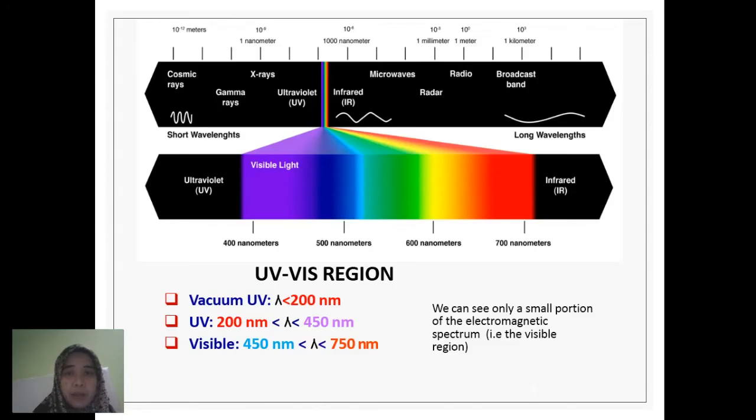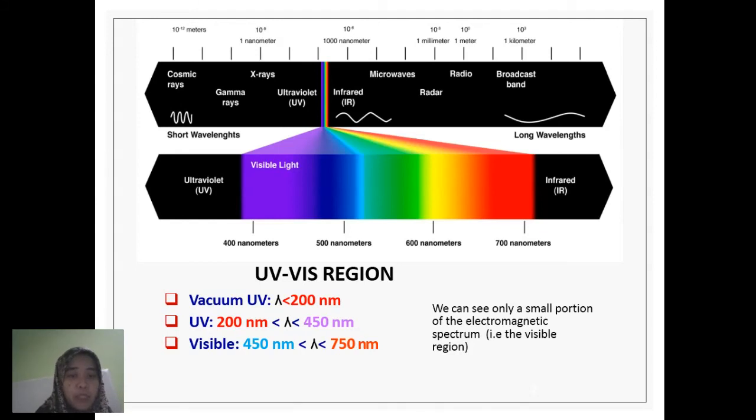Okay, when we look into this figure, we may see that the UV visible is located between X-rays and infrared, where the wavelength is between 200 nanometer up to 750 nanometer.